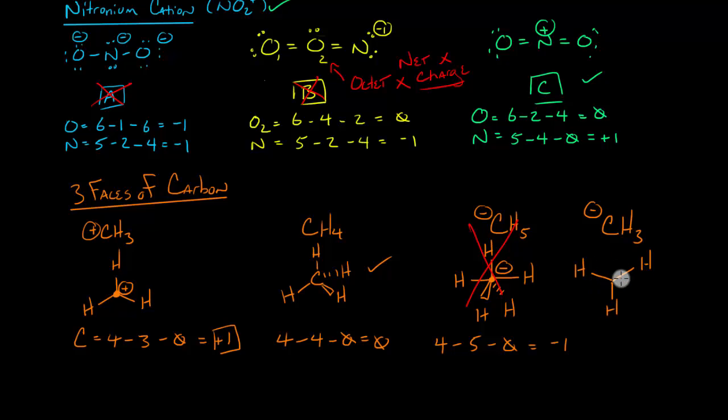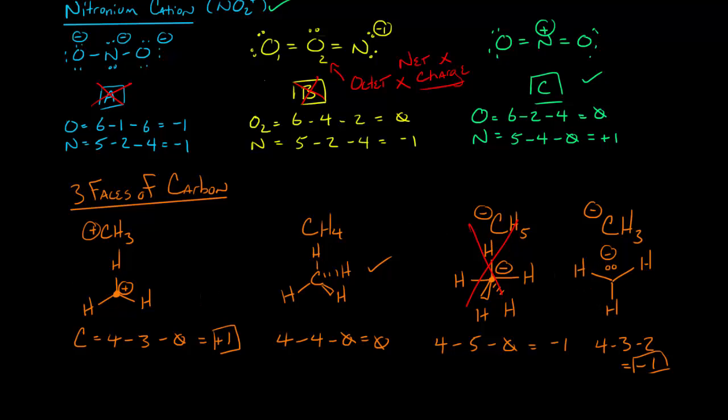Right now we have 2, 4, 6, and if we fulfilled the octet rule, we could put another lone pair right there. And what we'll see in a second is that the carbon will become negative. If we do the calculation, it's going to be 4 minus 3, and then we subtract 2 right here, and that equals negative 1. So this carbon is negative, and this is one way that we'll see carbon acting as a negative compound in some of the other aspects that we talk about.